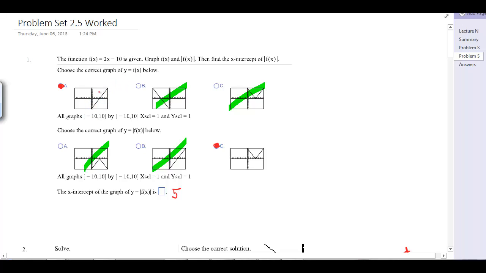So this would be our solution. F of x, the absolute value of f of x, we can mark that one out. This is a positive thing, so it is right side up. This is upside down. We can mark that one out. You can put it in your calculator and find the x-intercept, or you could count and see that that is equal to 5. Okay?